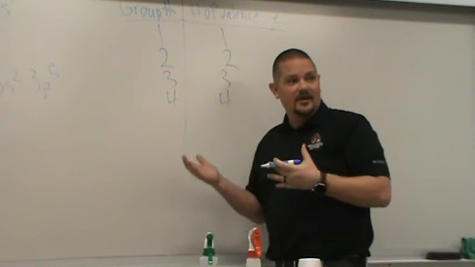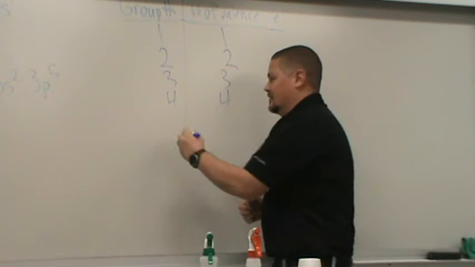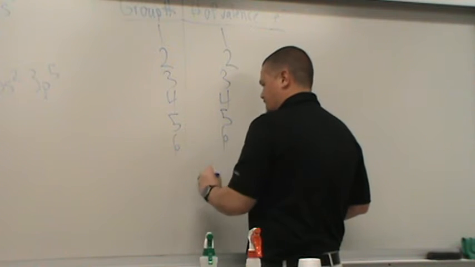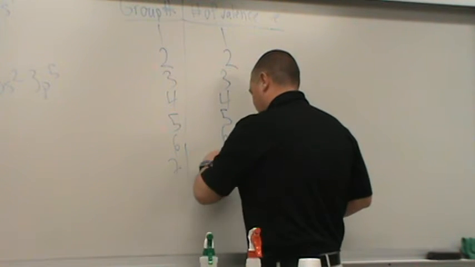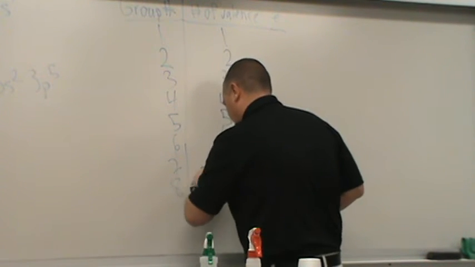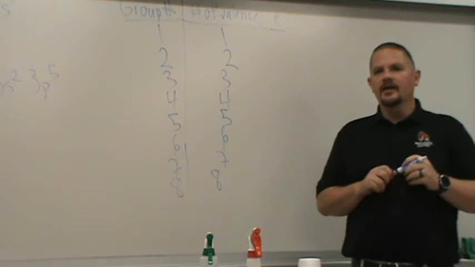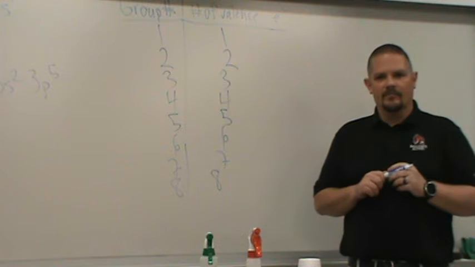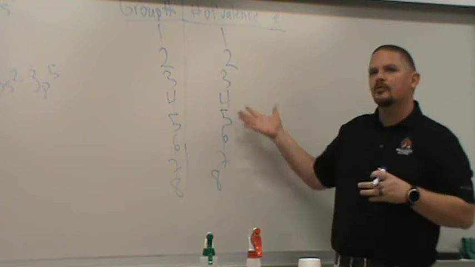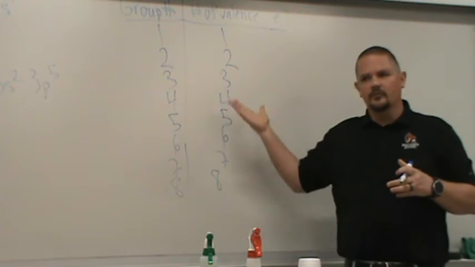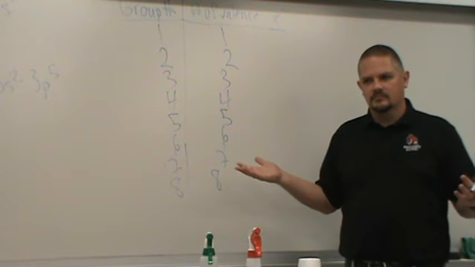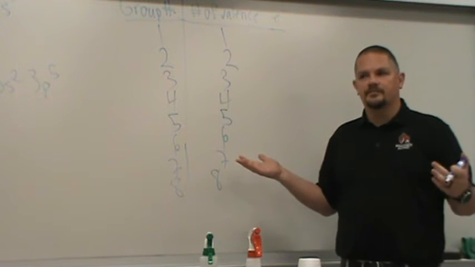You kind of seeing the pattern here, ladies and gentlemen? All right, so 5 is going to have 5. 6 is going to have 6. 7 is going to have 7. And 8 is going to have 8. Right? Okay, so if we know where the element falls, if it's in one of these groups, we know how many valence electrons it's going to have. Any questions there?